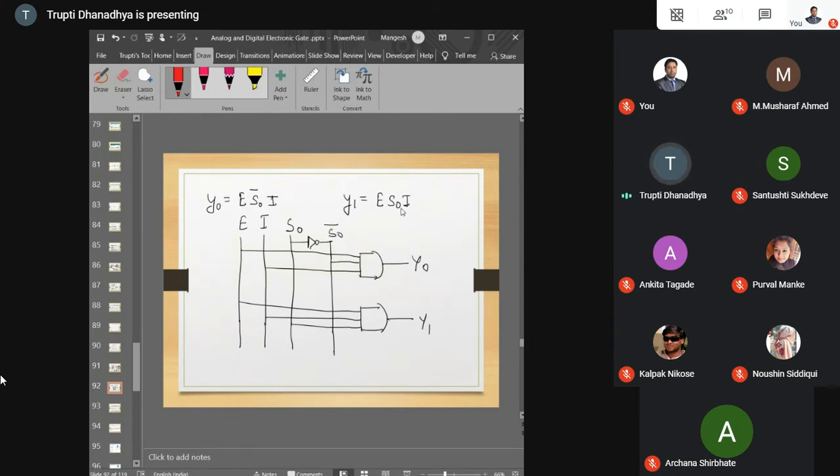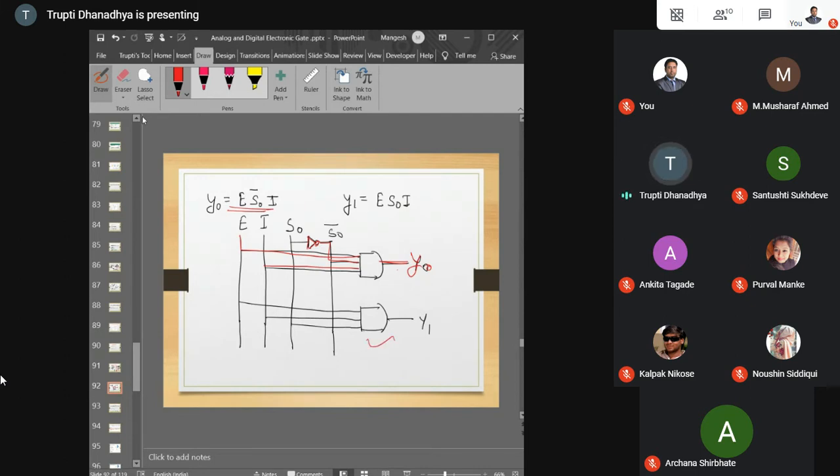So we require three inputs: E, I, and S0. The input E is connected to the gate for Y0, then S0 complement, that's why I'm connecting a NOT gate here, then this is connected to the Y0 gate, then I we require, that's why I is connected to the Y0 gate. In a similar way, Y1 is designed.